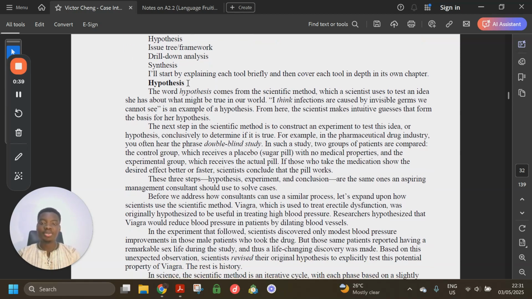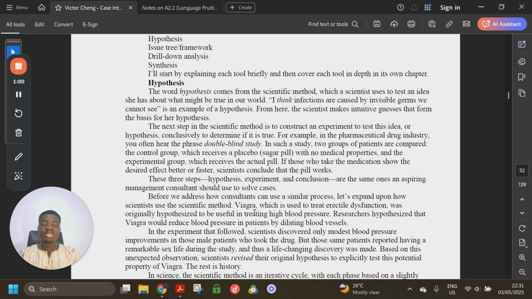The first one is the hypothesis, and if you've done a bit of science or if you have just gone through high school or college, you probably have heard the word hypothesis, which is a way scientists use to test an idea to know what is true or what is not true.